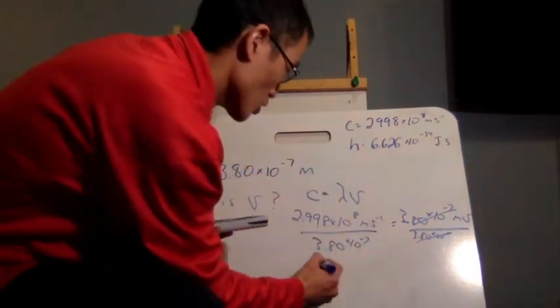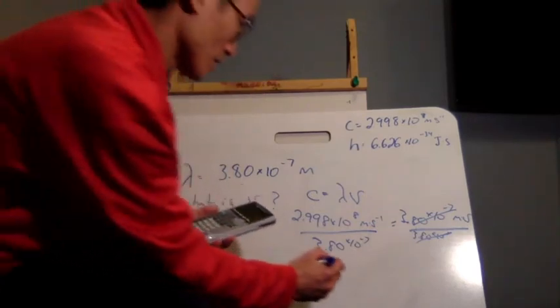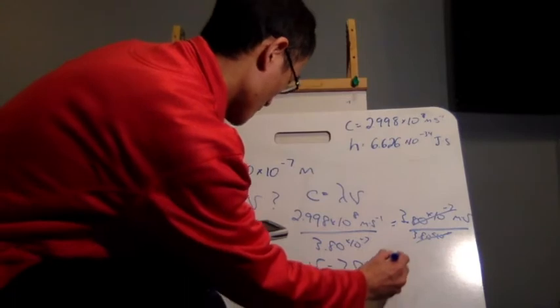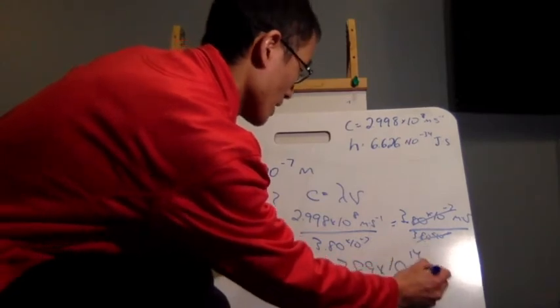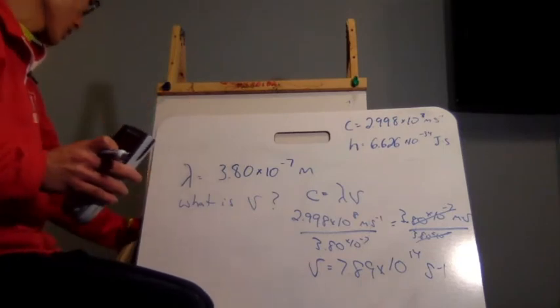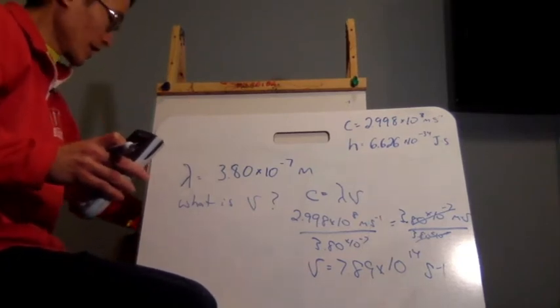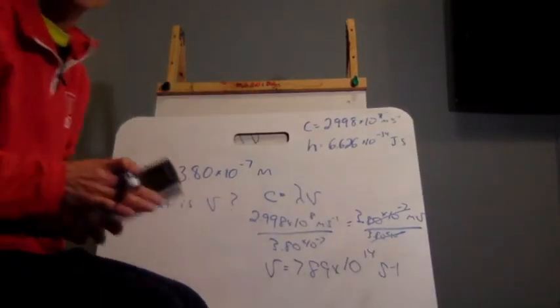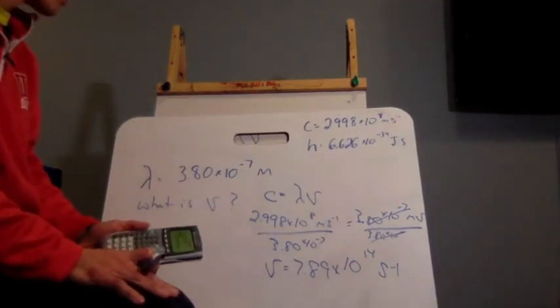And then my nu here ends up being 7.89 times 10 to the 14th, and that's cycles per second, so s to the minus 1. So that's one starting calculation you should know for this unit.